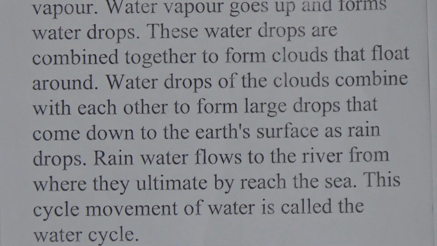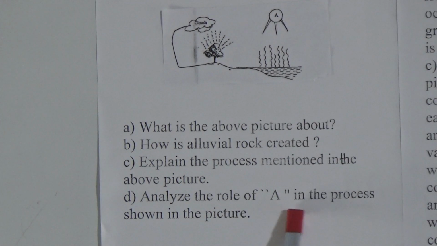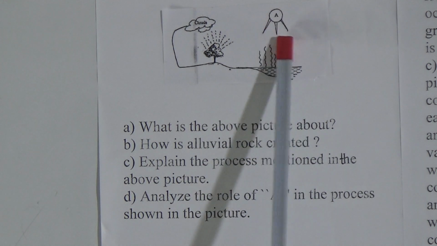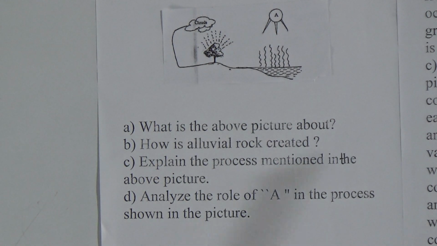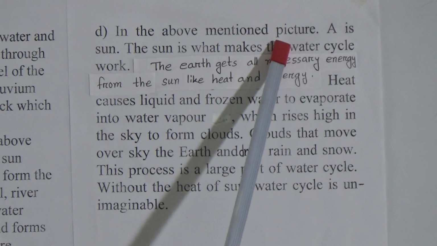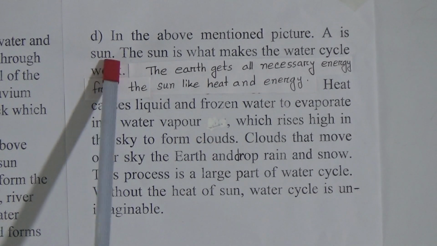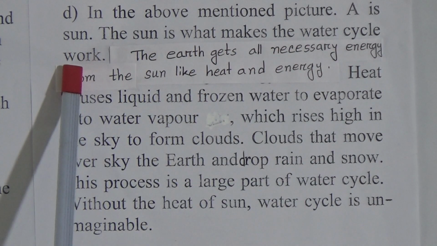Now we will discuss D number answer. Our D number question was, analyze the role of A in the process shown in the picture. Here A indicates this part of the picture. So the answer will be, in the above mentioned picture A is sun. The sun is what makes the water cycle work.